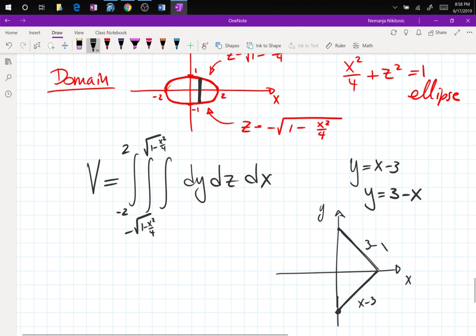So 3 minus x on top, and x minus 3 on the bottom, because you see that x is wedged in between those two. Now where is your shape? Your shape is right here. This is your sideways shape.